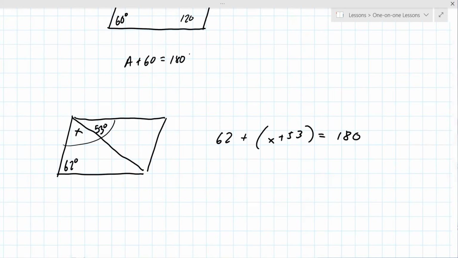Yes. And you subtract 53. Okay. Now you could also just say, oh, well, across here is 62, 180 minus this number, whatever it is, equals that. Lots of ways to do it. Okay. All right. That makes sense.